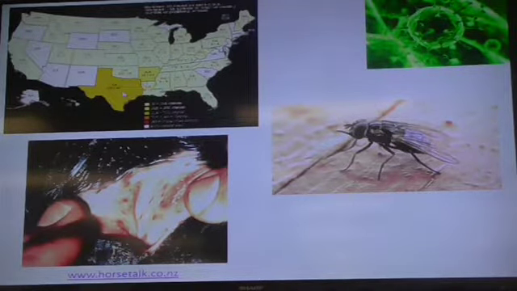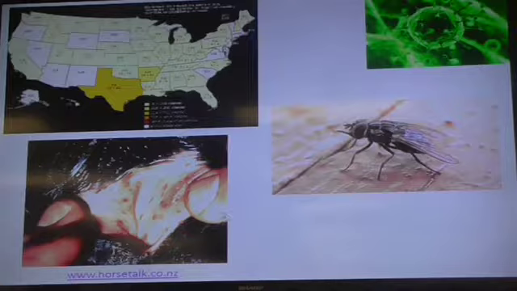And the reason for this is the high humidity, which encourages flies breeding. The most common flies are the tabanid flies and the stable flies that can carry this virus.